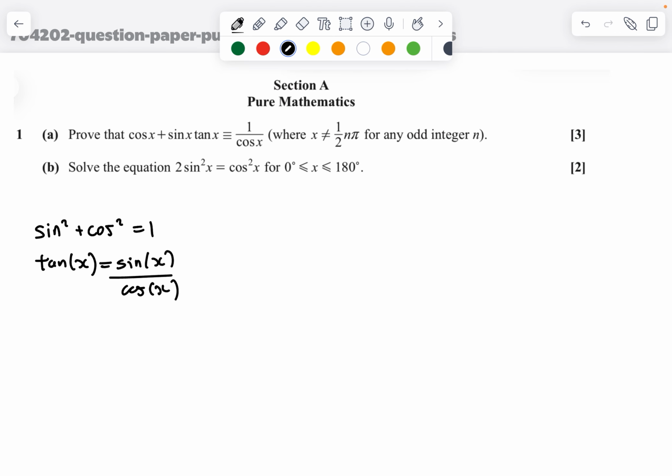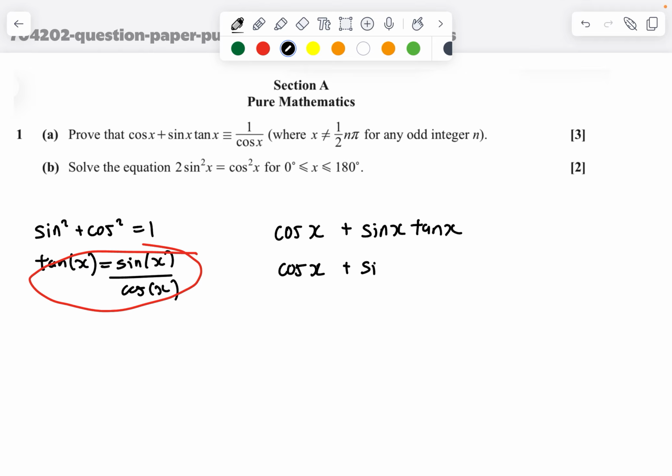Right, so all we're going to use is that second one. So we've got to prove that cos x plus sine x times tan x is the same thing as 1 over cos x. So what we're going to do, we're going to switch out tan x for our identity.